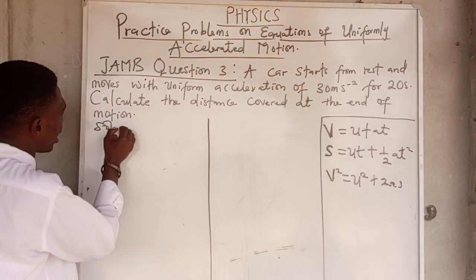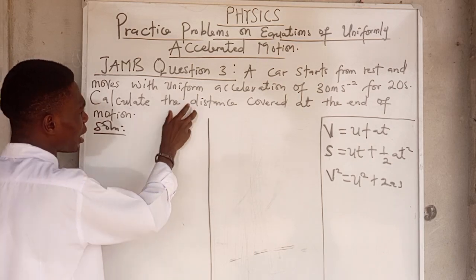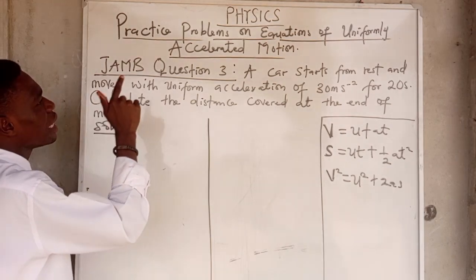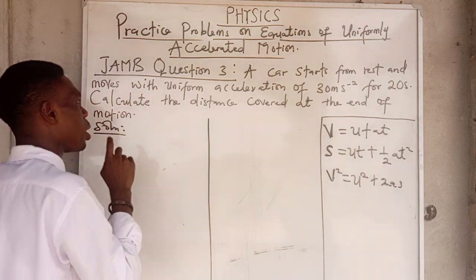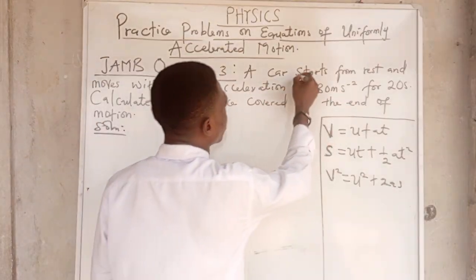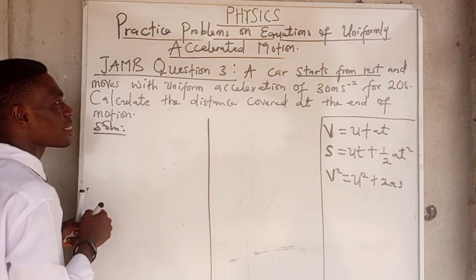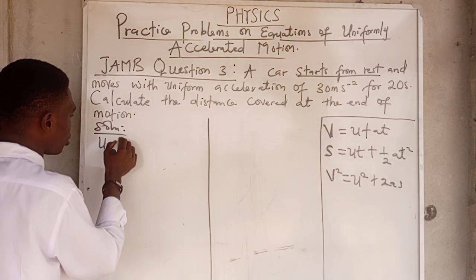Solution. As we always do, we're going to write out the parameters given in this question. A car starts from rest. That phrase, starts from rest, tells us that u is equal to 0.